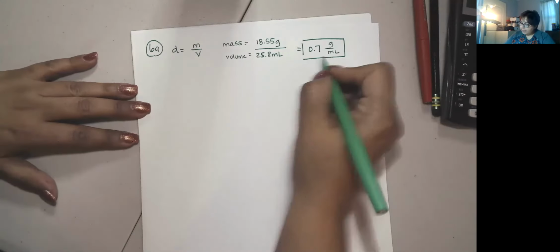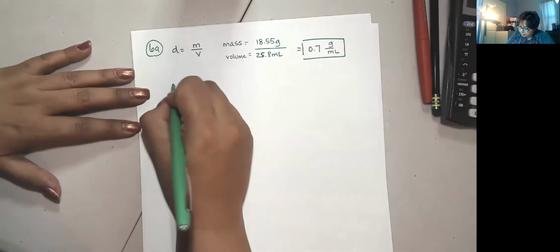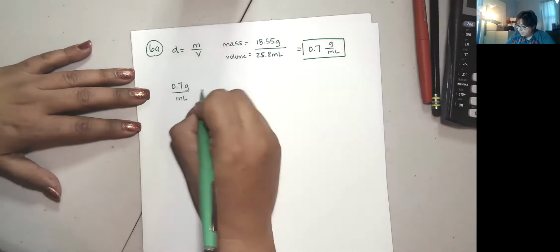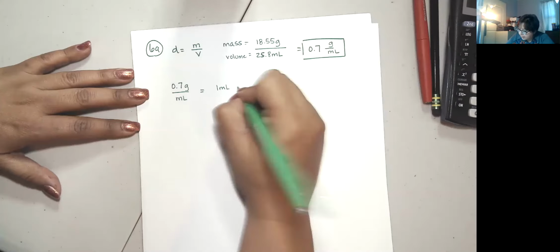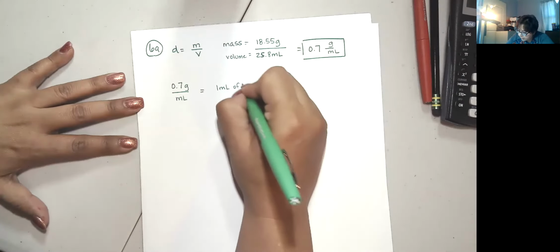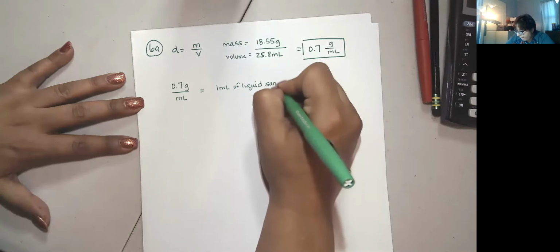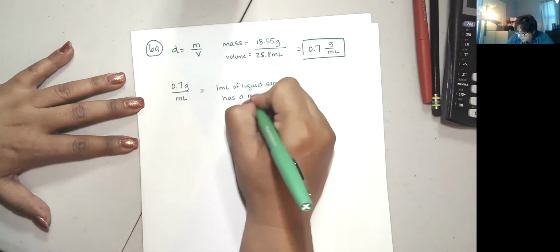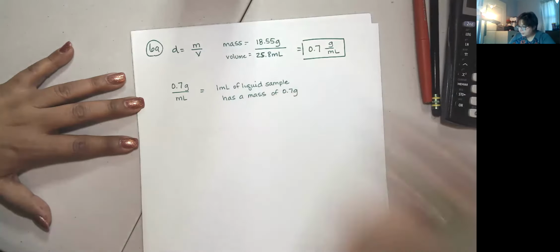Just as a quick aside, there's a couple of ways that you can write this. You can also write 0.7 g per mL. The interpretation of this is that 1 milliliter of the liquid sample that we're looking at has a mass of 0.7 grams.